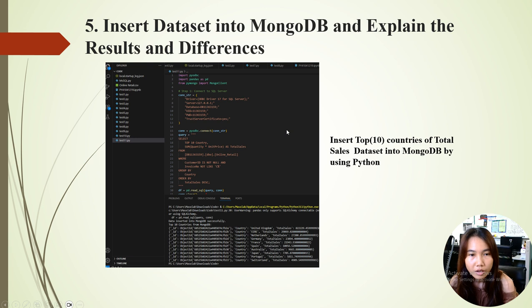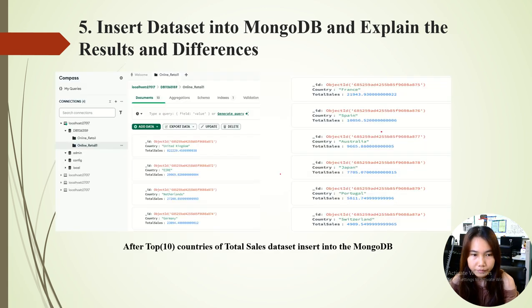In this section, I only inserted the total sales per country dataset into MongoDB using Python. Here you can see it was inserted successfully. These two figures show the total sales per country data after insertion into MongoDB.